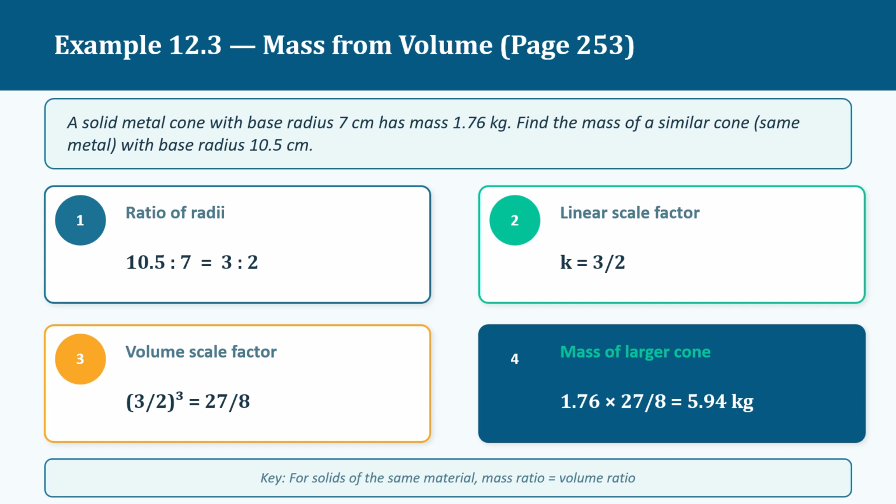To find the mass of the larger one, we multiply the mass of the smaller one by the volumetric scale factor, which is 27/8. So the mass has been found to be 5.94 kilograms.